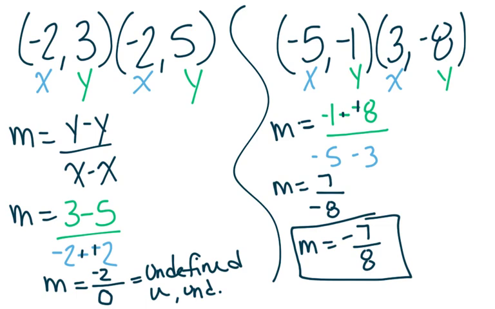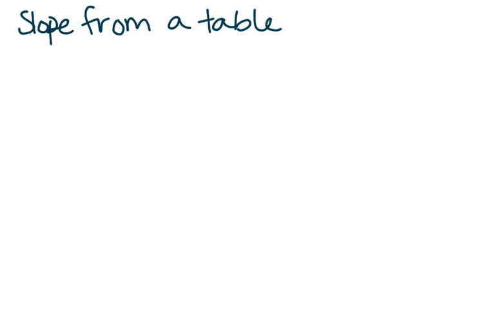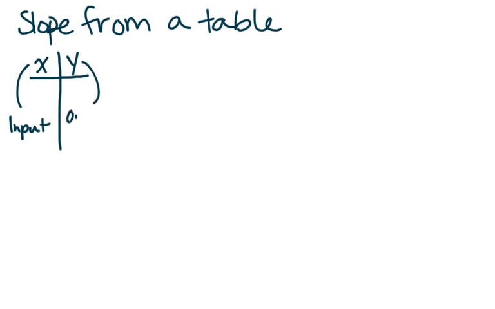All right, so let's go ahead and talk about finding slope from a table. Okay, so finding slope from a table. So remember, we have an x and y table. Remember that x represents our input and y represents our output.